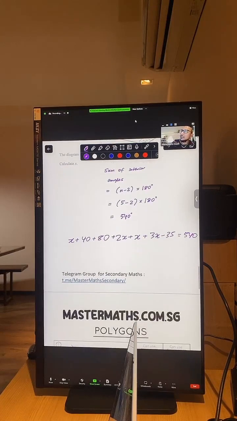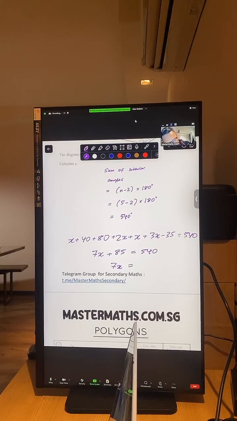Okay, I hope you all can see that. So x plus 2x is 3x, 3x plus x is 4x, 4x plus 3x will be 7x. 40 plus 80 is 120, 120 minus 35 will give me 85, isn't it? So plus 85, and that equals 540.